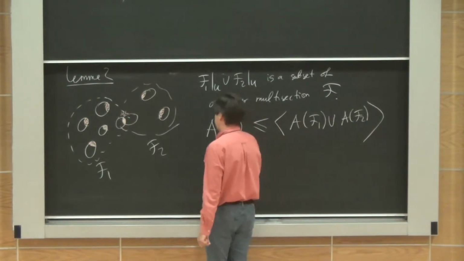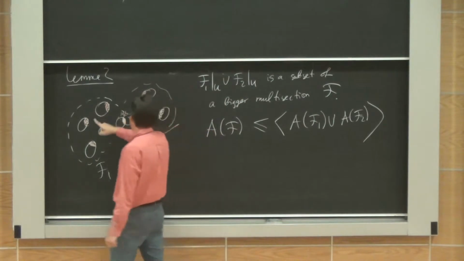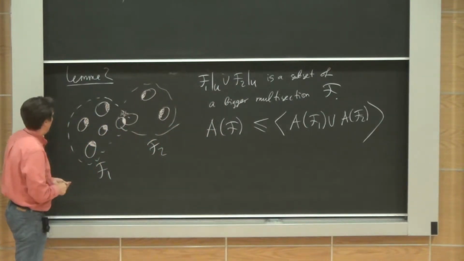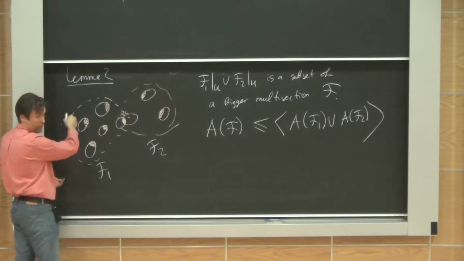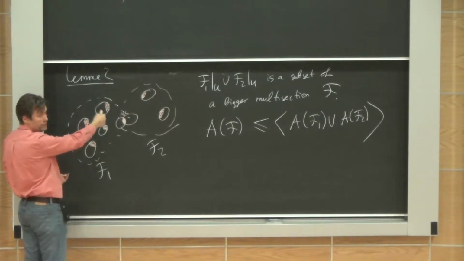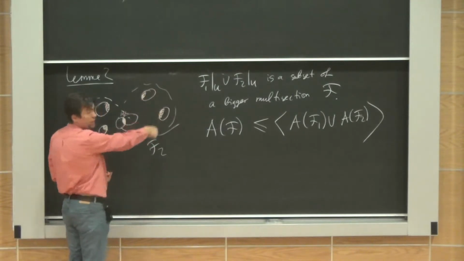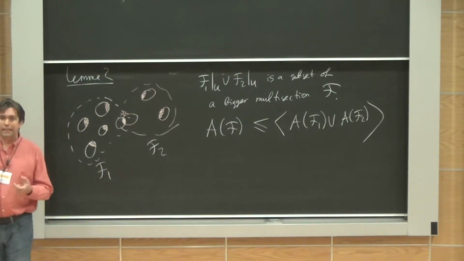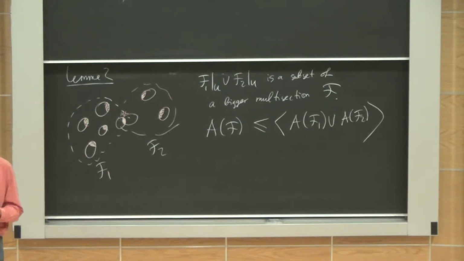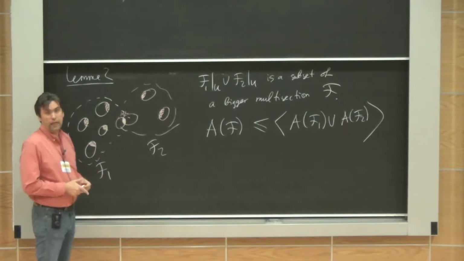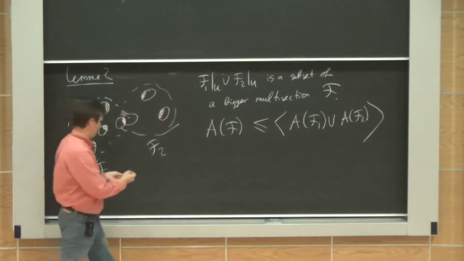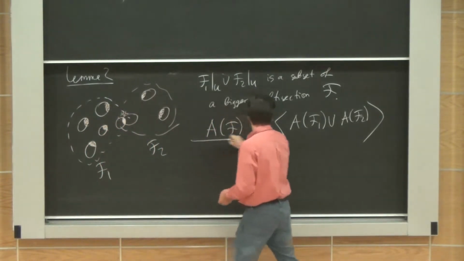I will not give all. So first thing that you notice is that if you take a permutation inside F1, and take a permutation inside F2, and then take their commutator, the commutator will act non-trivially only on these pink pieces. So on these pieces, the commutator will act trivially. Let me write it more carefully.